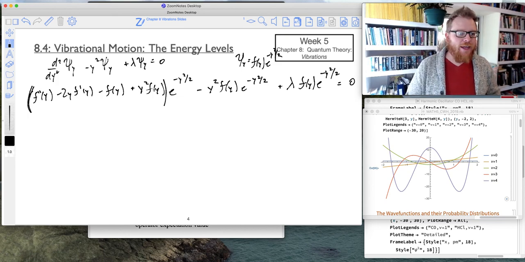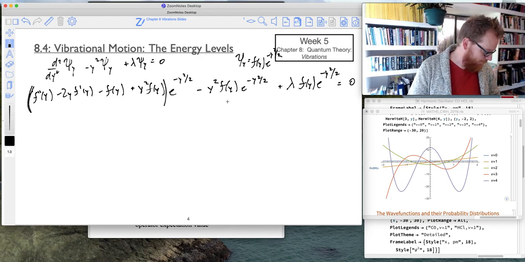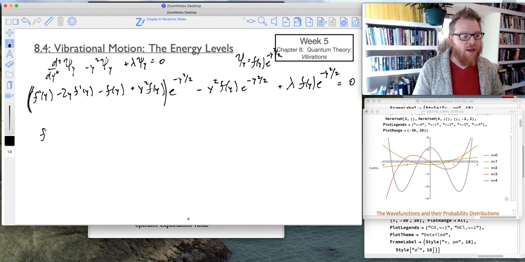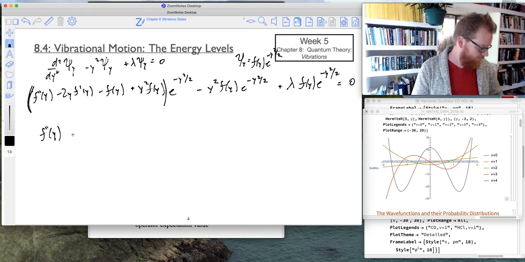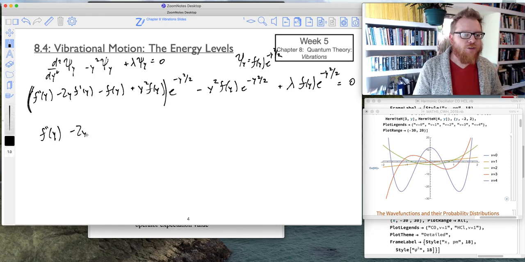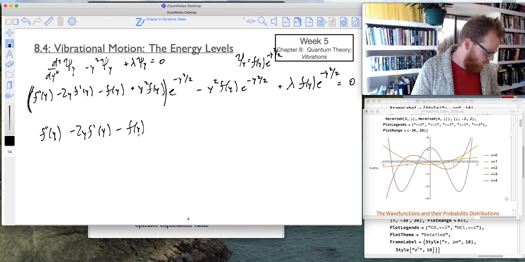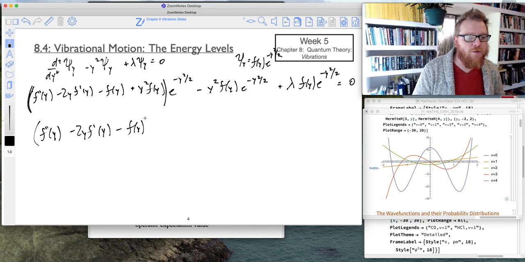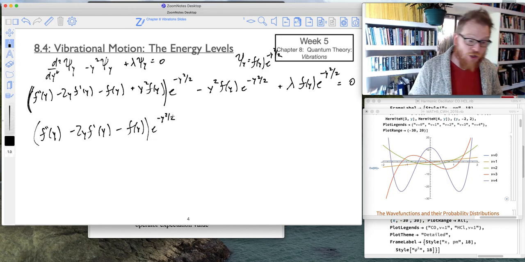If we look at anything that we can cancel, yes, brilliant. I've got the y squared and the y squared terms, and those will cancel out. So now I can say f double prime of y minus 2y f prime of y minus f of y, and all of that is still multiplied by e to the negative y squared divided by 2.